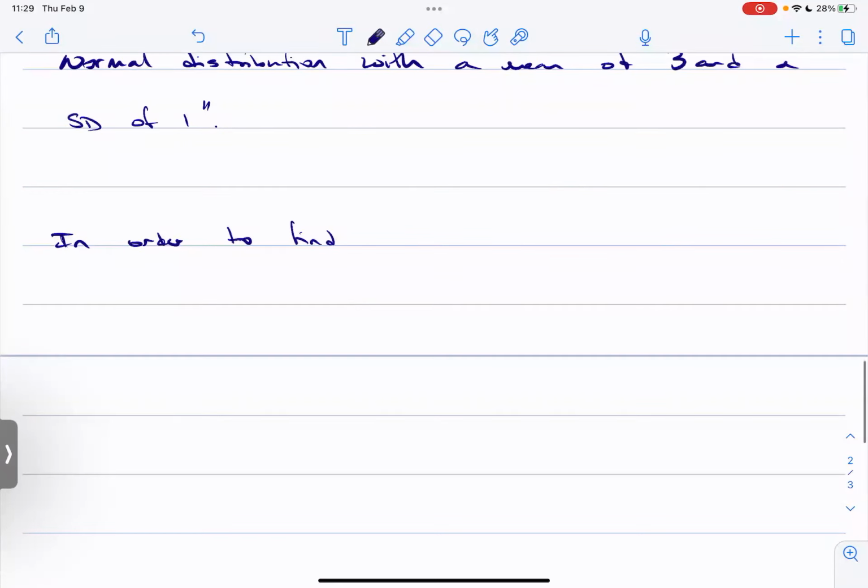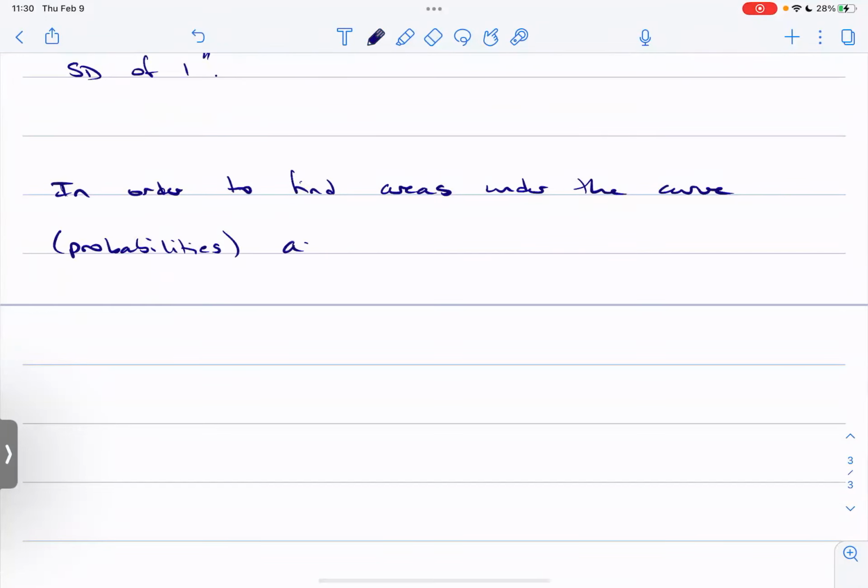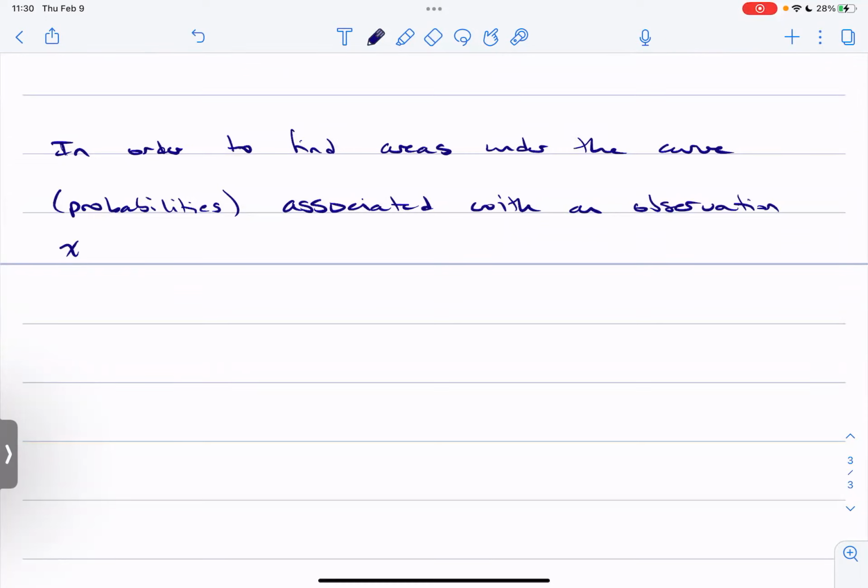So in order to find areas under the curve, which are probabilities associated with an observation X, we will need to standardize the observation.